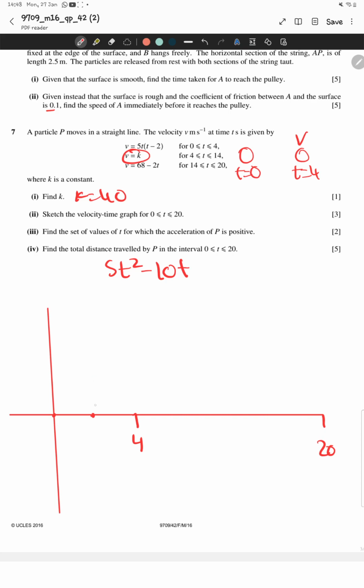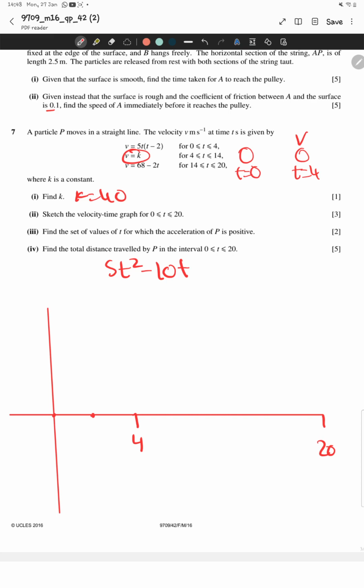So it will be like this or something like that. Actually, wait, let me do this.